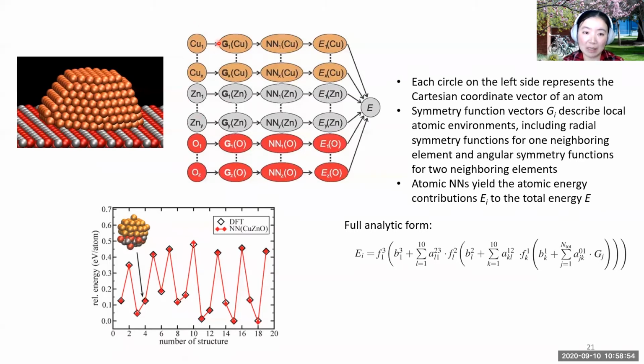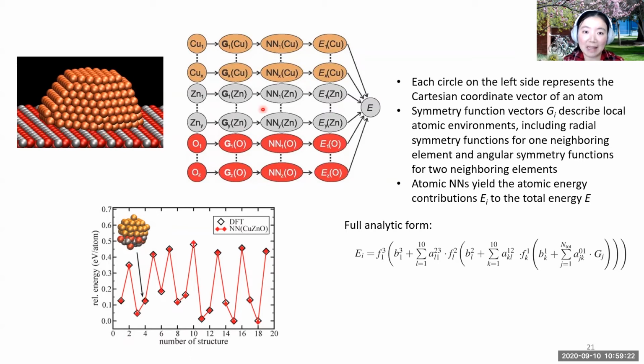The second line represents what they call symmetric function vectors. This describes the local atomic environment. For example, what is the interaction between the gray ball and the orange, between the red balls and the orange ball, and also among the orange, the red and the gray balls.